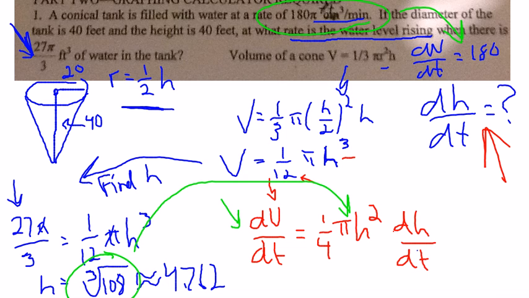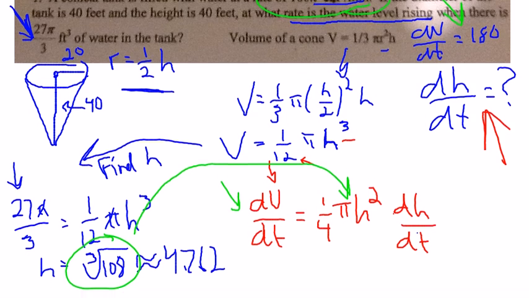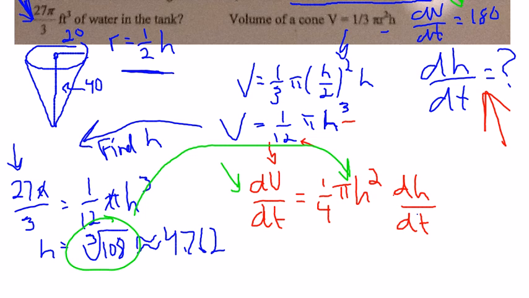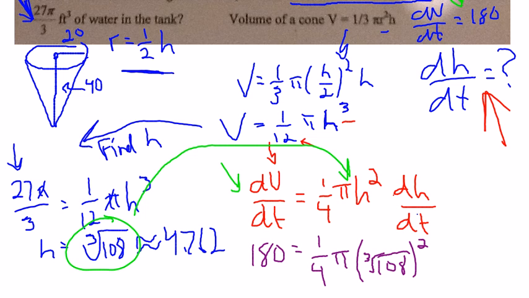That's all I've got to plug in. So I'm going to go back to, maybe we'll do purple. So I get 180 equals 1/4 pi times the cube root of 108 squared times dh/dt.